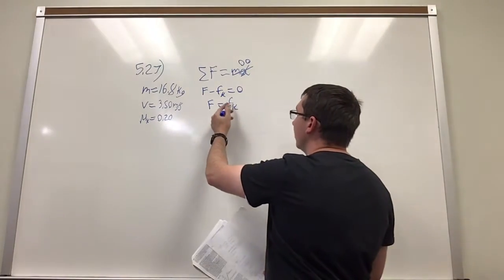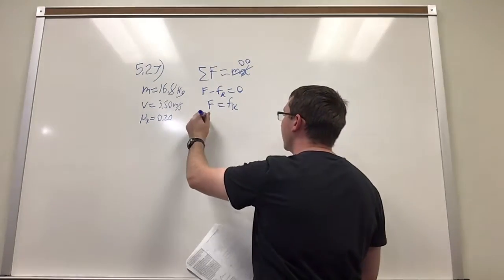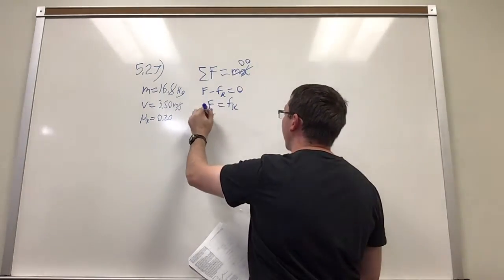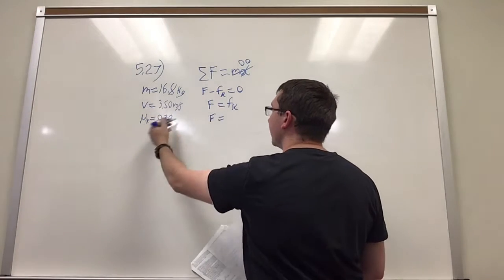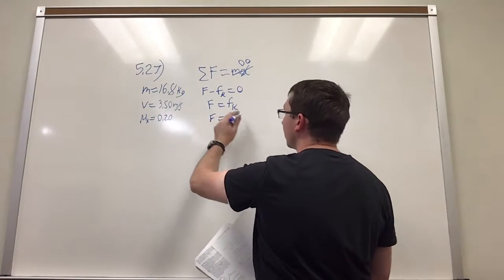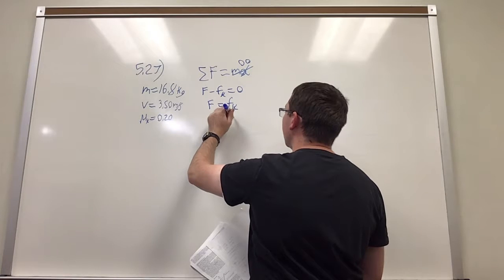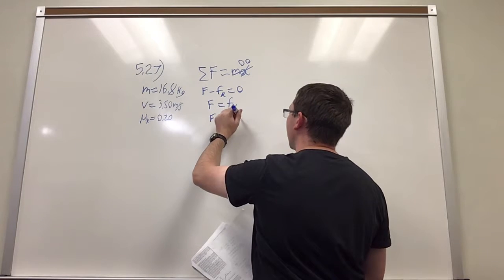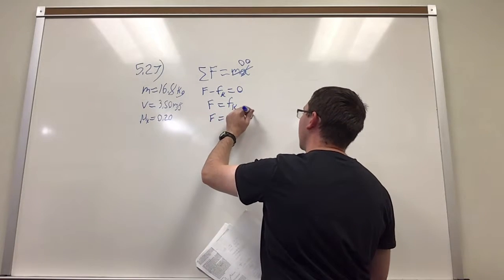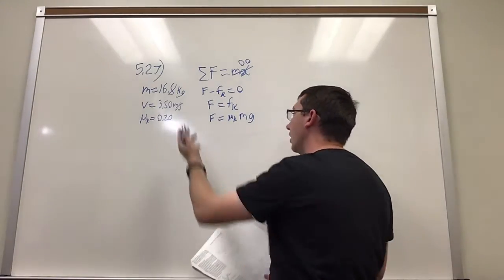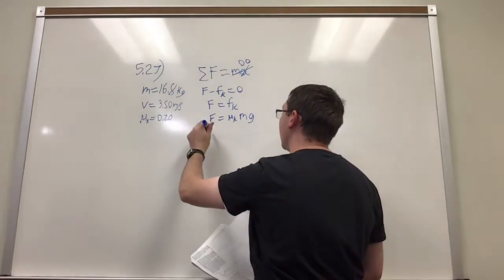We know how to solve for this because that is going to be equal to the coefficient of friction times the normal force. So that's going to be mu of kinetic friction times mass times gravity. And so we just plug in all the variables.